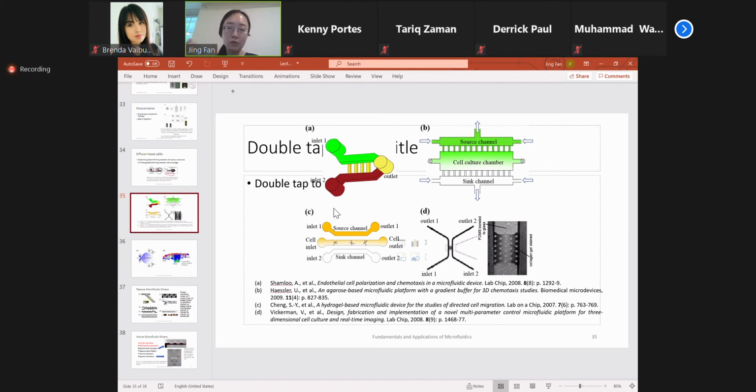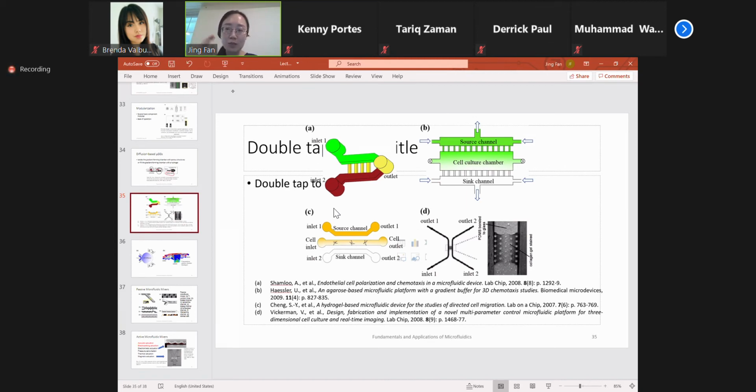The gradient forming region can be the microchannel itself, like panel A shows. There are several parallel microchannels in which we have the concentration gradient, or it can be a separate channel. Like in panel B, we have a separate cell culture chamber.